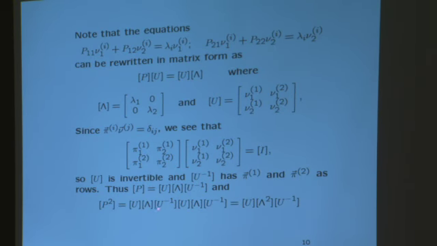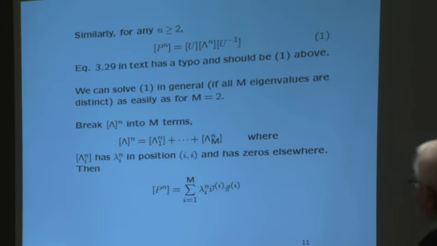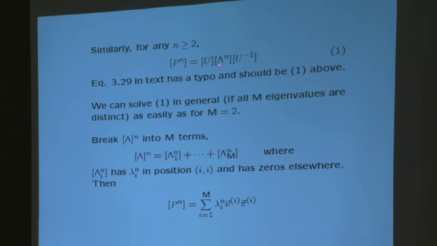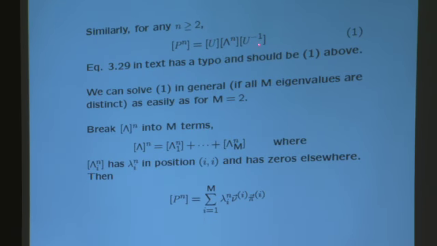So you have u times lambda squared times u to the minus 1. You still have this diagonal matrix here, but the eigenvalues have all been squared. If you keep doing that repeatedly, you find that P to the n, namely this long-term transition matrix, which is the thing we're interested in, is the matrix u times the diagonal matrix lambda to the n times u to the minus 1.